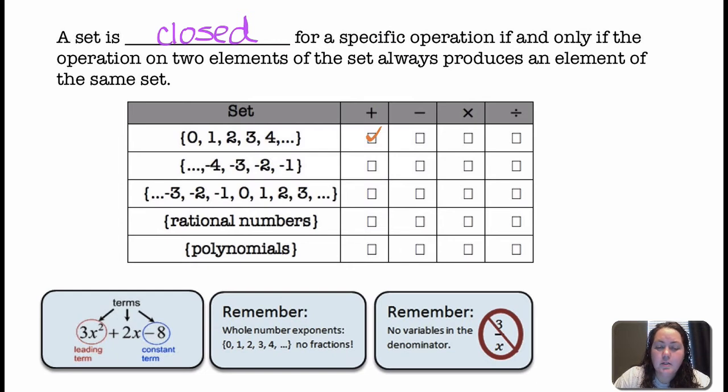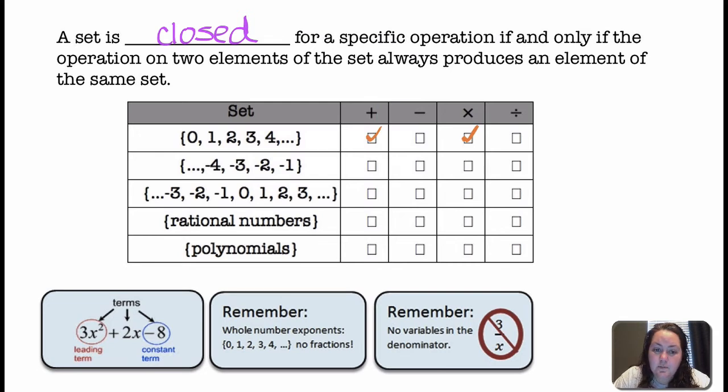Any two whole numbers that I multiply together, I will get a whole number. Division, if I did 4 divided by 3, I get a fraction or a decimal, and that is not a whole number. So whole numbers, 0 through infinity, counting by ones, so positive integers including 0, are closed under addition and multiplication.